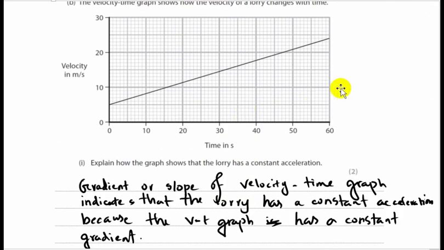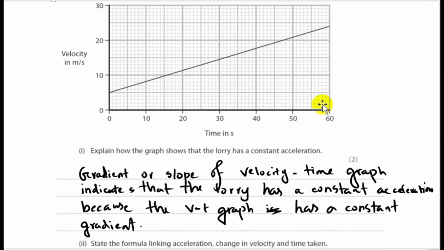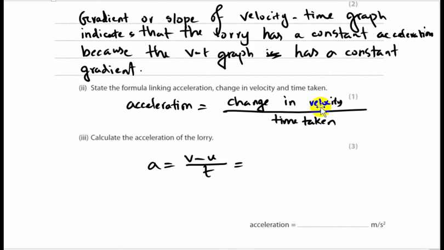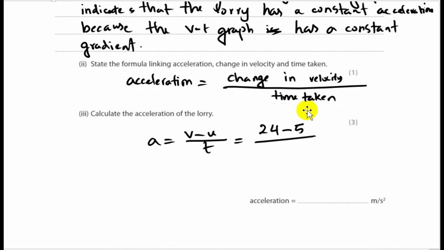So here final velocity is 24 and initial is 5. 24 minus 5 divided by time, which is 60 seconds. So 24 minus 5 divided by 60.